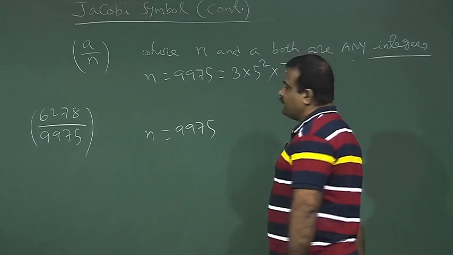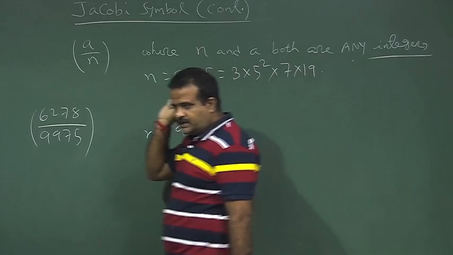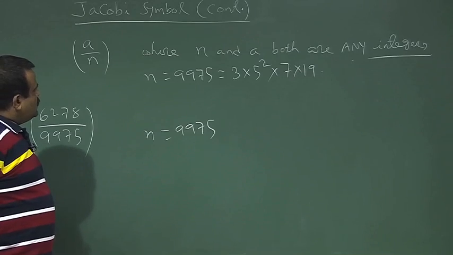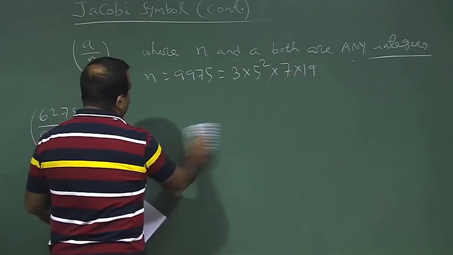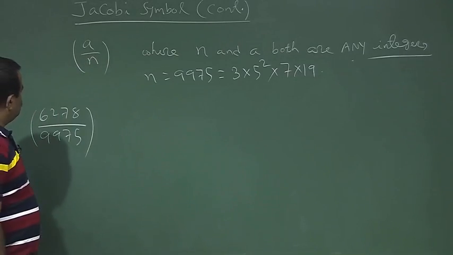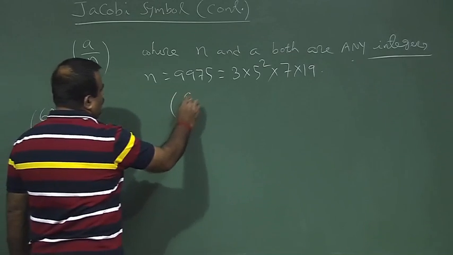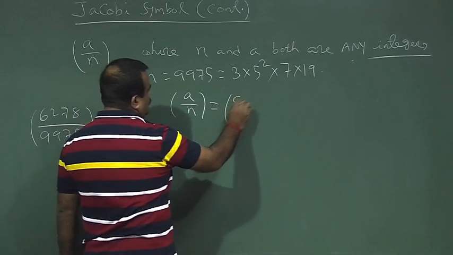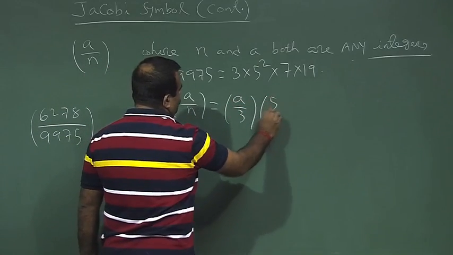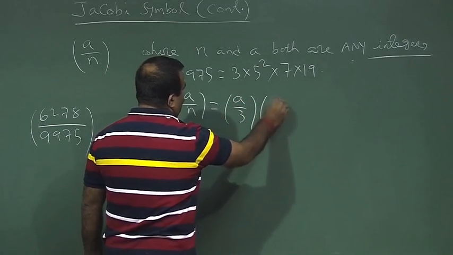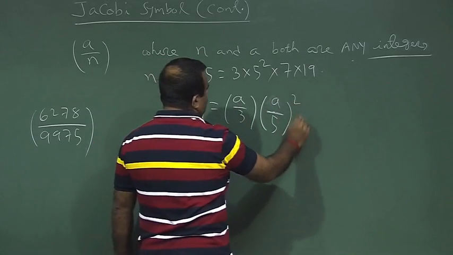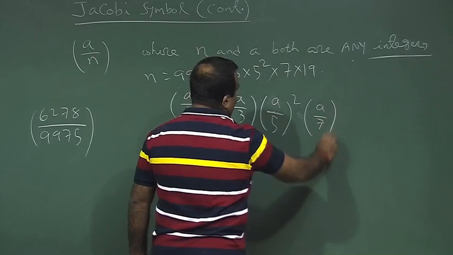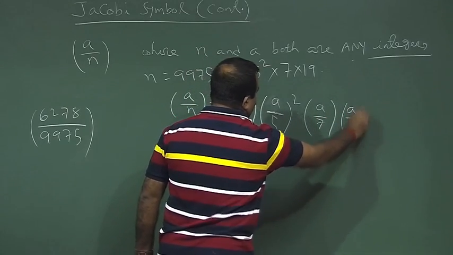This is coming from the fundamental theorem of arithmetic: every integer is either a prime or it must be written as a product of primes. Then, if this is the n, we know the definition of the Jacobi symbol. So, a by n is equal to a by 3, into a by 5 square, into a by 7, into a by 19.